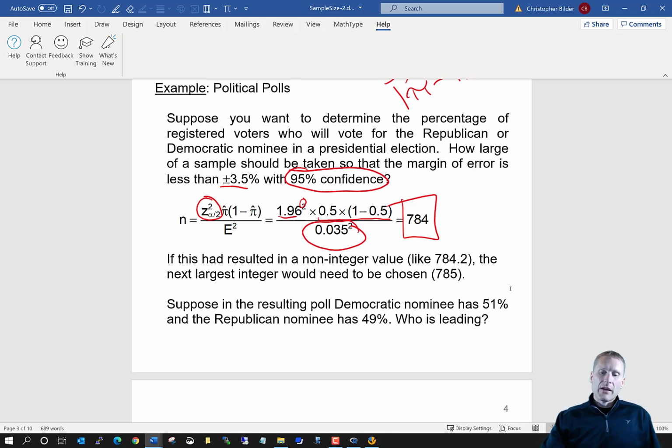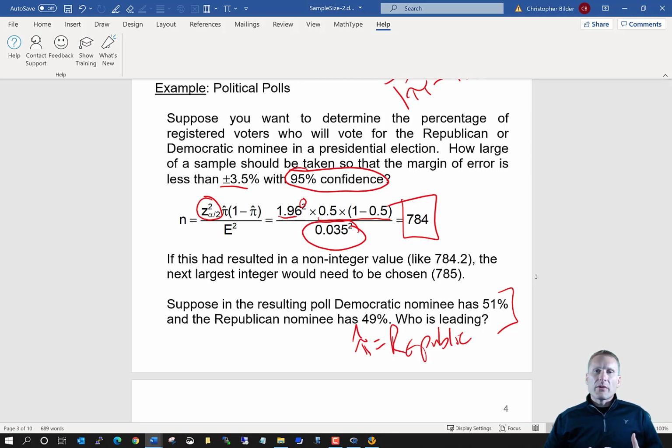So let's say a poll was taken and the Democratic nominee had 51% and the Republican nominee had 49%. In this situation, maybe pi hat is the Republican proportion. I could have easily just said Democrat as well. It doesn't matter. So the question then is, who's winning the election at this moment in time?